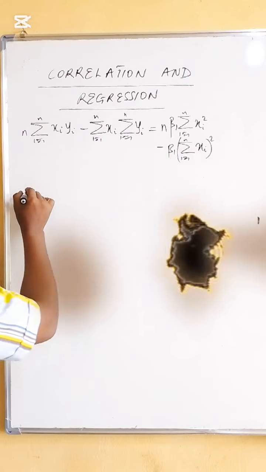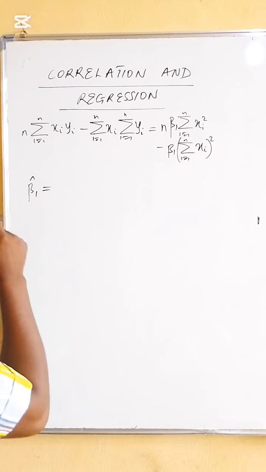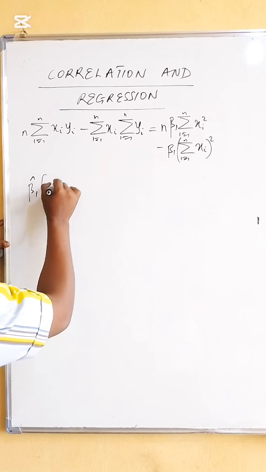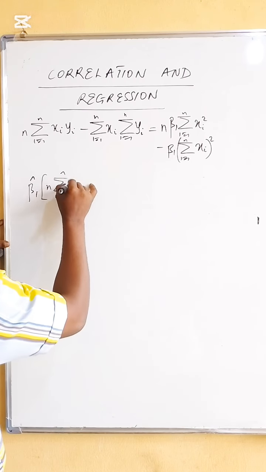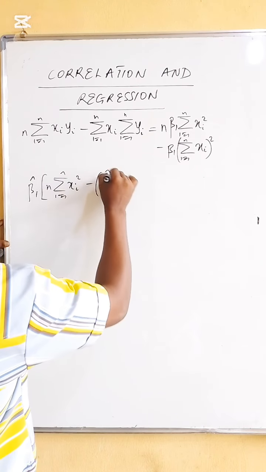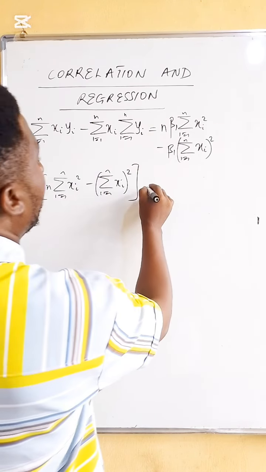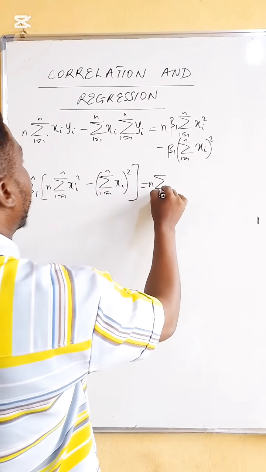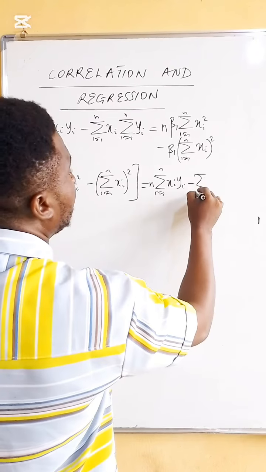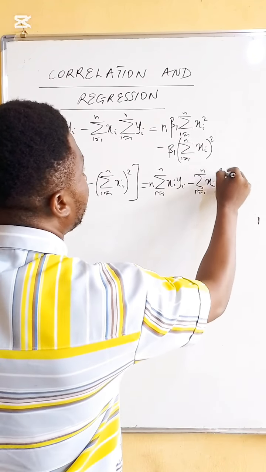Now, making beta 1 the subject of formula, we are going to have beta 1 cap into bracket n summation i equals 1 to n xi squared minus summation from i equals 1 to n xi all squared, and that will be equal to n summation from i equals 1 to n xi yi minus summation from i equals 1 to n xi summation from i equals 1 to n yi.